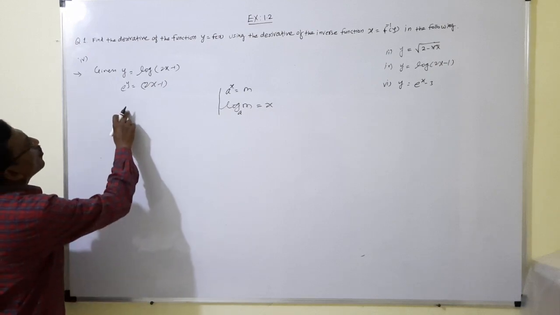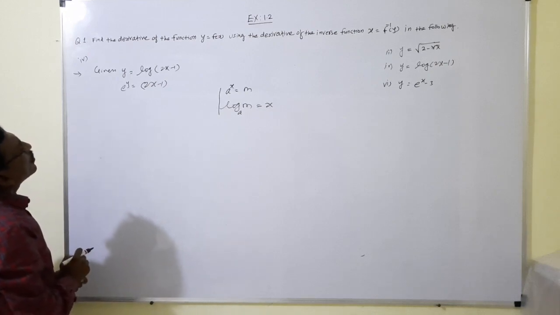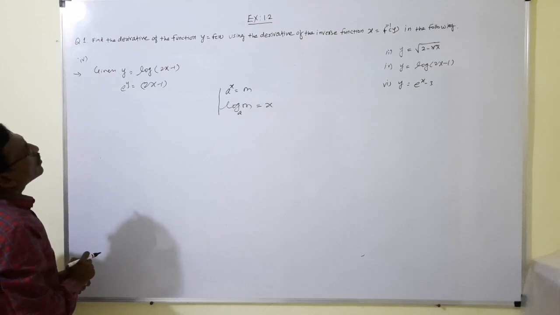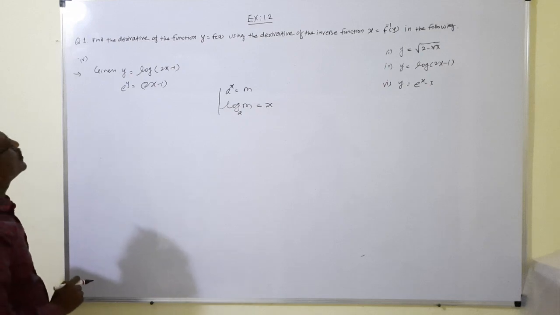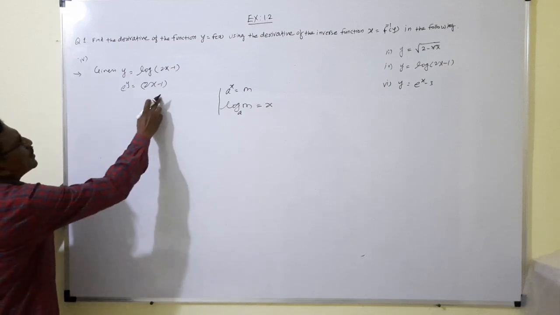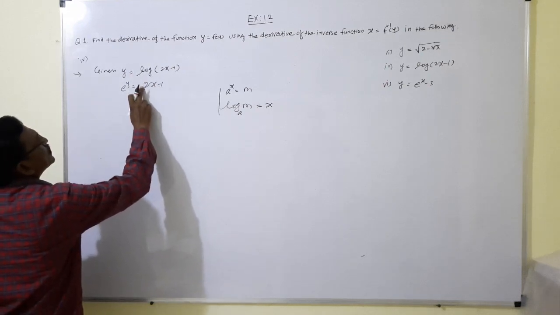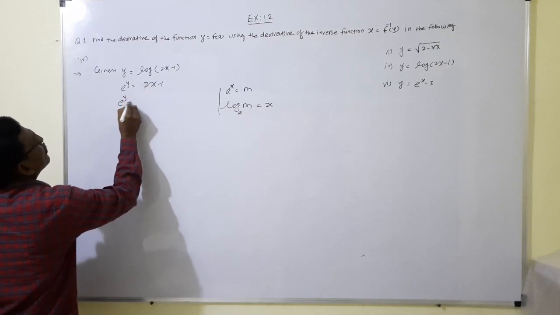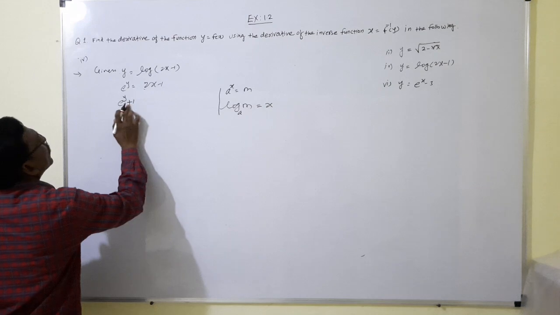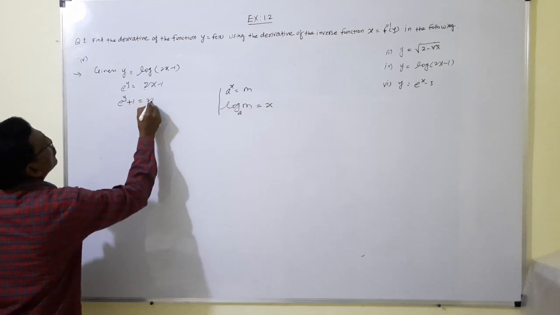Now again we take this minus 1 to the right hand side. So e to the power y plus 1 equal to 2x.